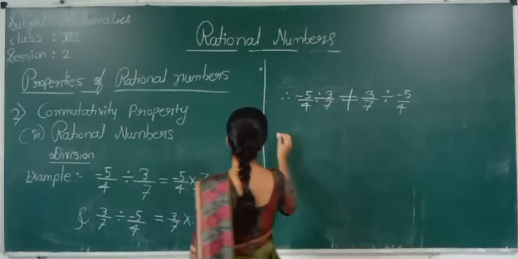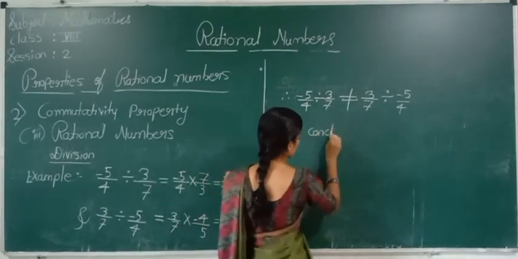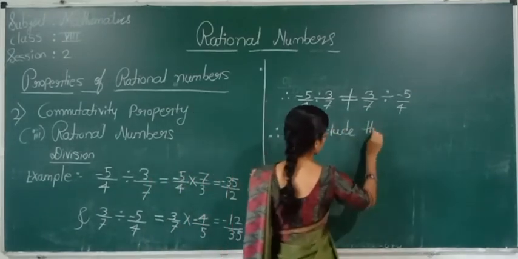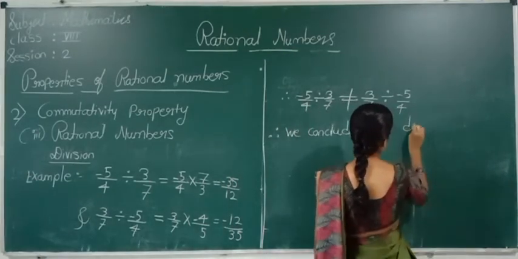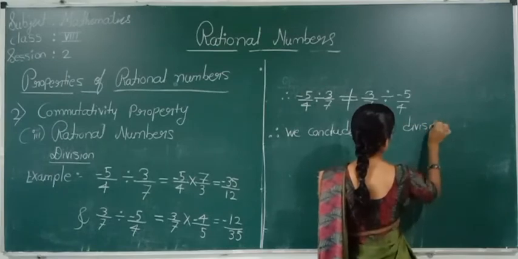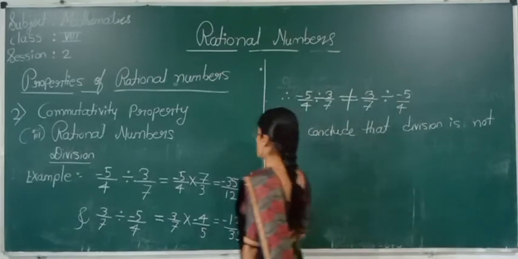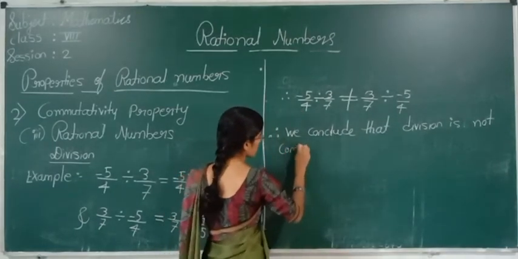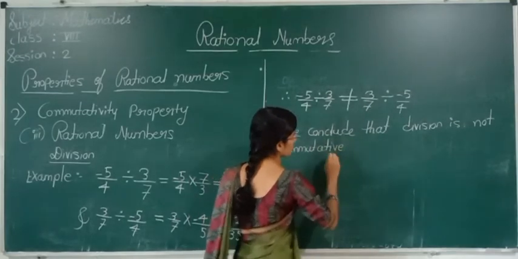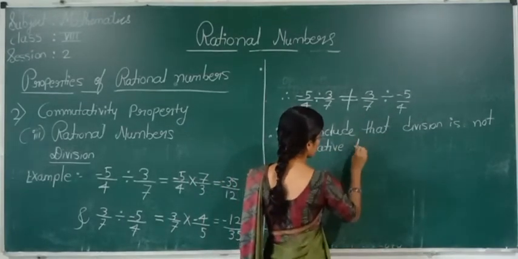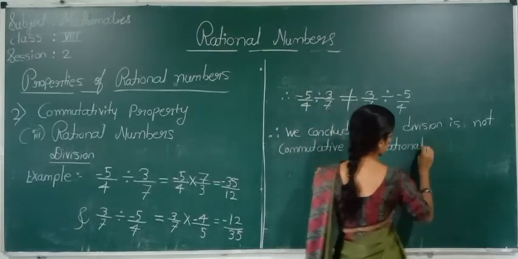So therefore we conclude that division is not commutative for rational numbers.